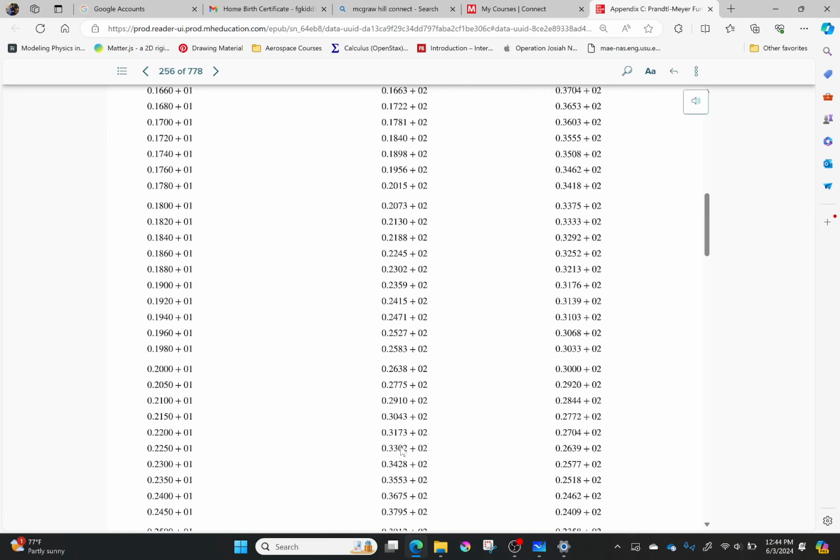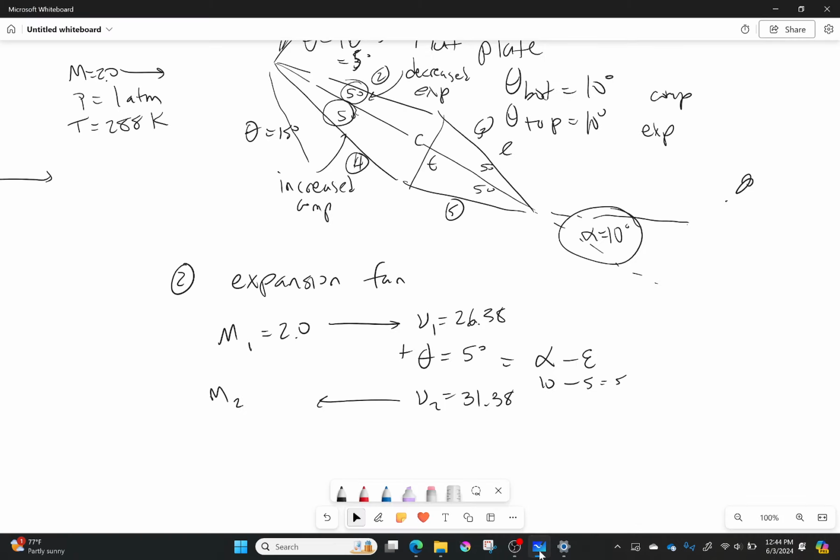That's a Mach number of 2.2. So this one right here is equal to 2.2. Now, in this case, we are going to need to keep all these Mach numbers because I have to care about the pressure on each panel to figure out the lift and the drag a little bit later from now. I have to know that. If I don't know that, all is lost and we're ruined and just everything's bad. We don't want that.